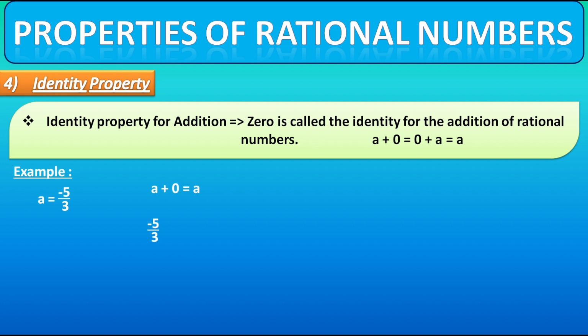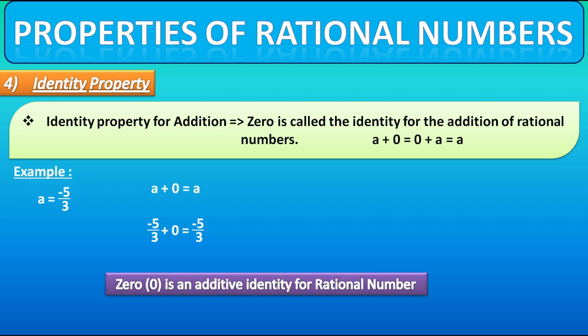See here, whenever we add any number with 0, we will get the answer as that only, because the denominator will remain as it is first of all, and minus 5 plus 0 is minus 5 only. So we got the same answer as that rational number. That's why we can say that 0 is an additive identity for rational numbers.